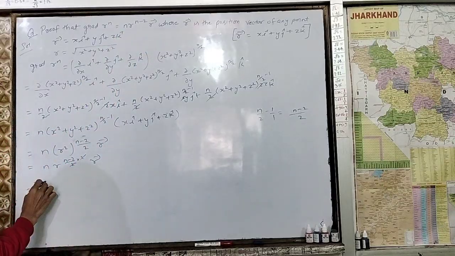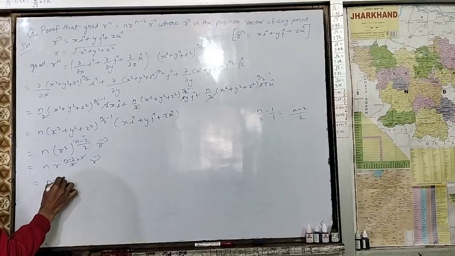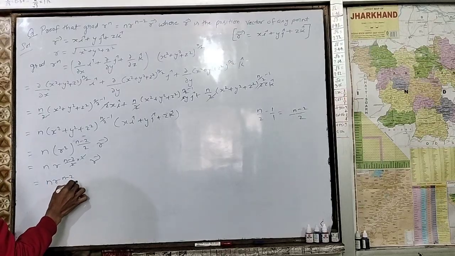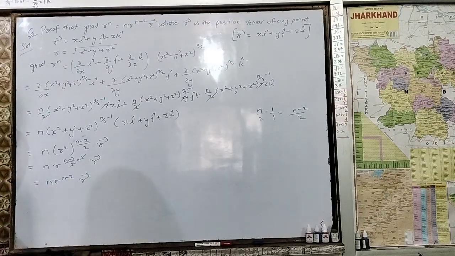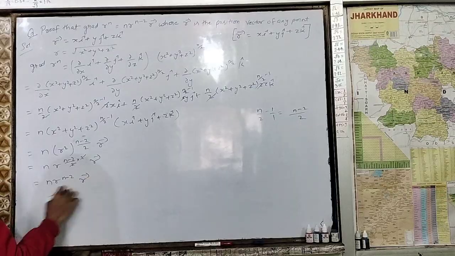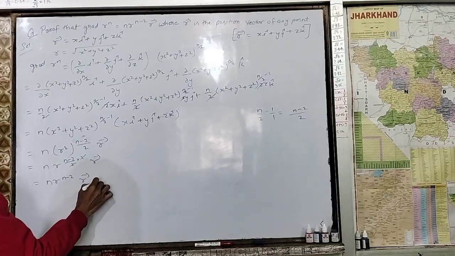LHS is equal to RHS: n r raised to power n minus 2 dot position vector. This is RHS, hence proved.